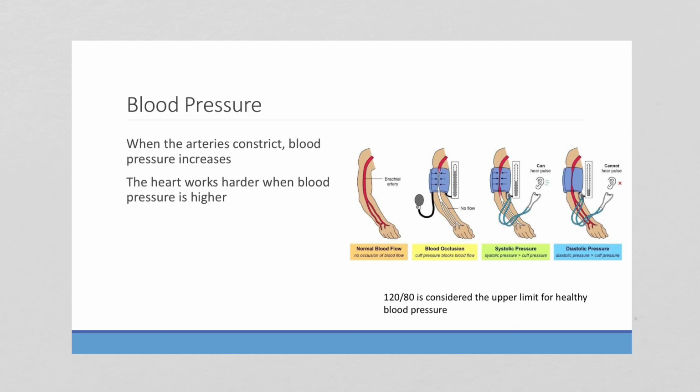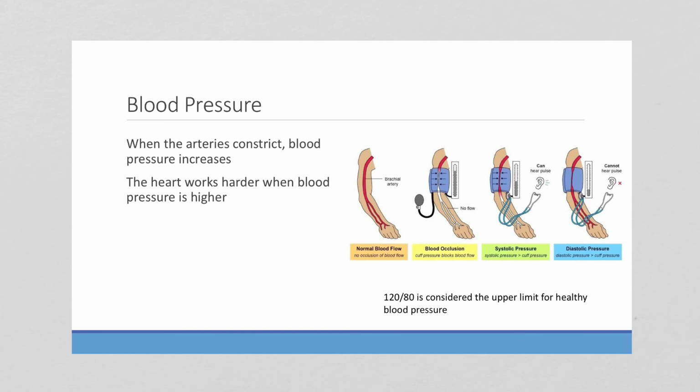And so the reason why we always see our blood pressure reported in two numbers is because this is really two pressures. The numerator is the systolic pressure, and that is the pressure when the heart is at the peak pressure. And then when the heart is relaxed, that is the lowest pressure, so that would be our diastolic pressure.